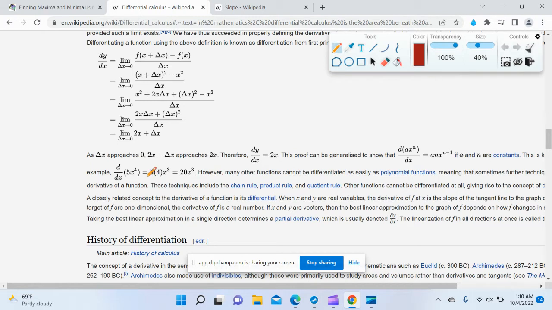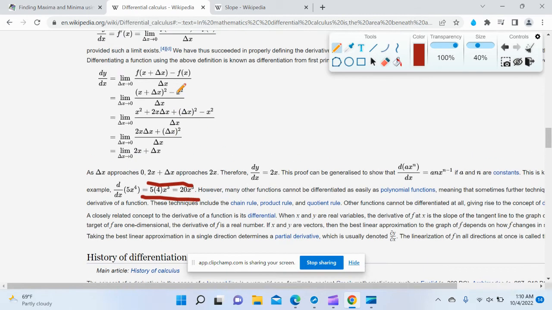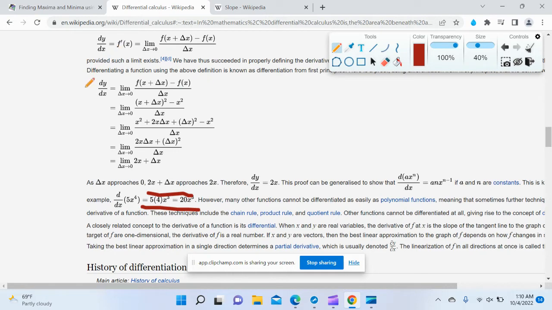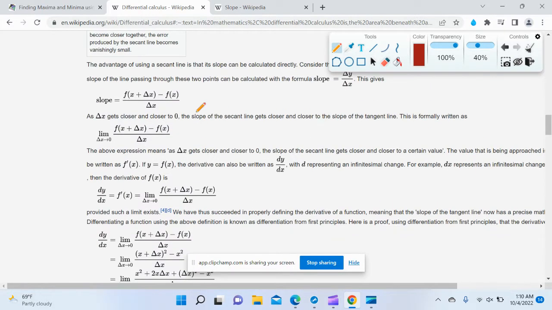You can see here basically what we are doing. We are just subtracting that particular value and we are getting the actual output. So this is our differentiation basically. We just have to understand how dy by dx comes into the picture. It comes from the slope.